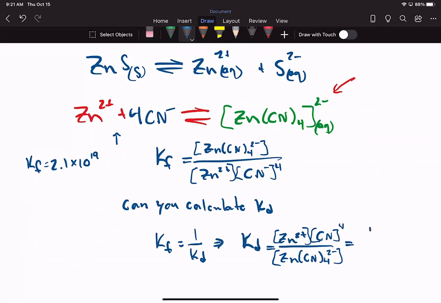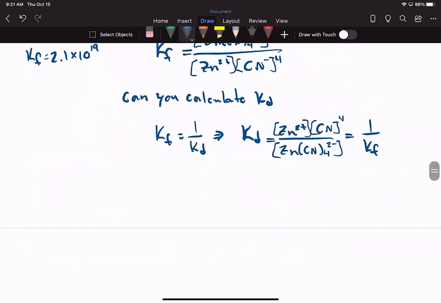And this is equal to 1 over KF. So my KD is equal to 1 over 2.1 times 10 to the 19.